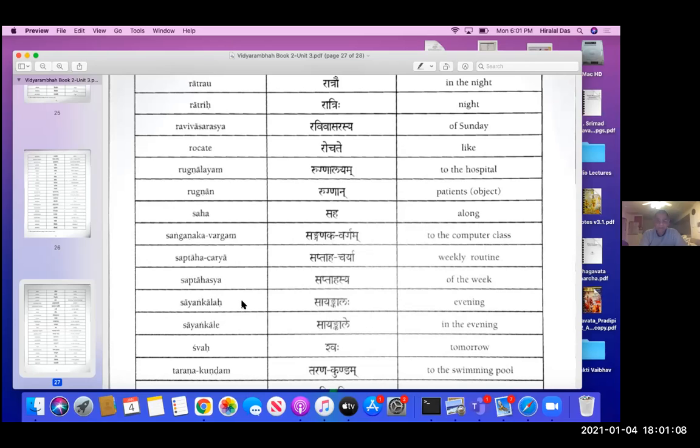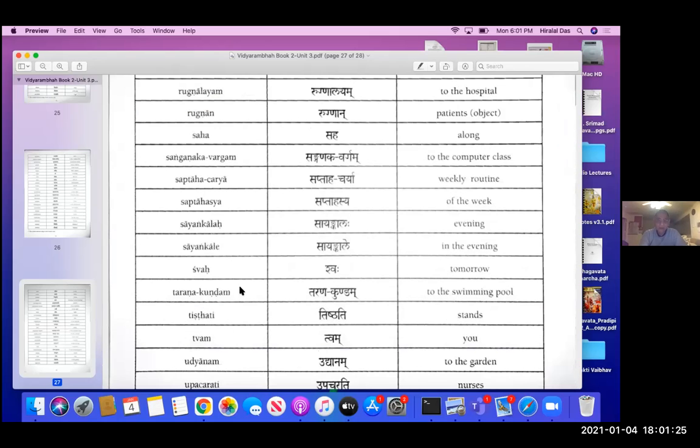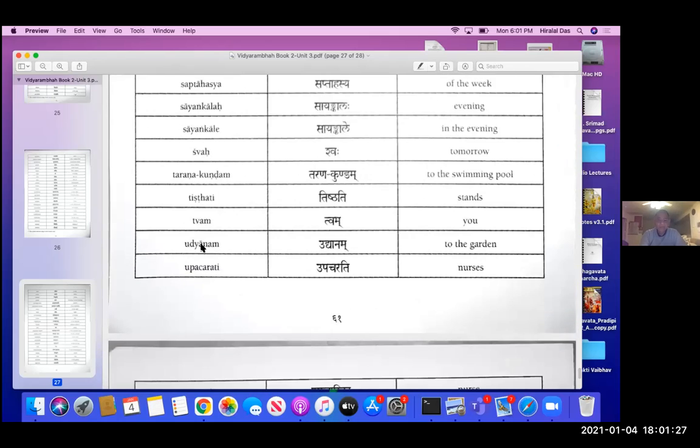Sayankalaha, evening. Sayankale, in the evening. Shwaha, tomorrow. Okay. Tarana kundaram, to the swimming pool.